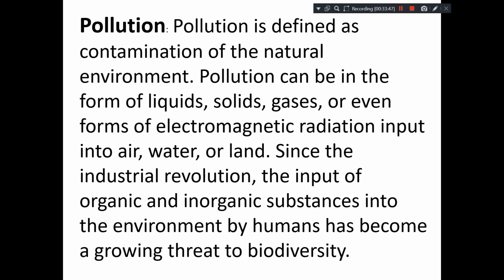It contaminates, and when it gets contaminated, it will no longer be able to support the original flora and fauna of that. Suppose a water body gets contaminated.